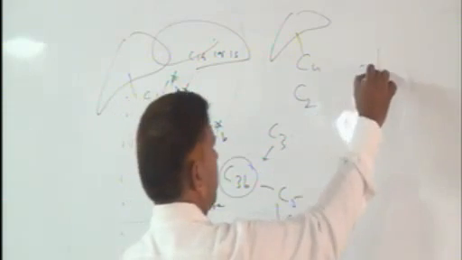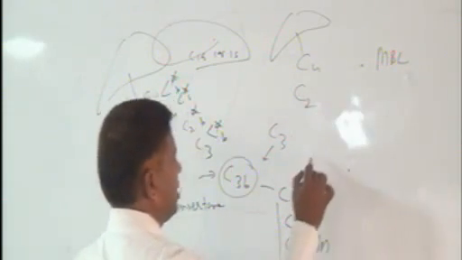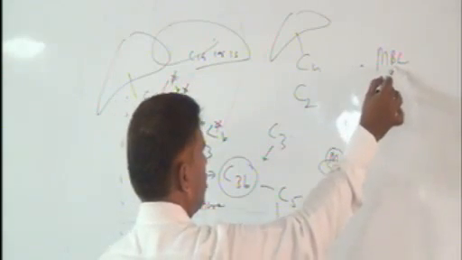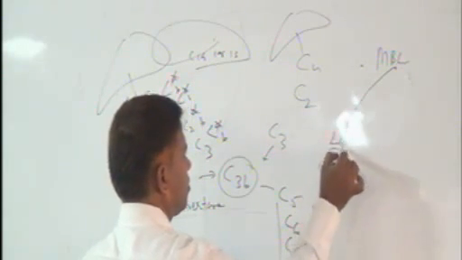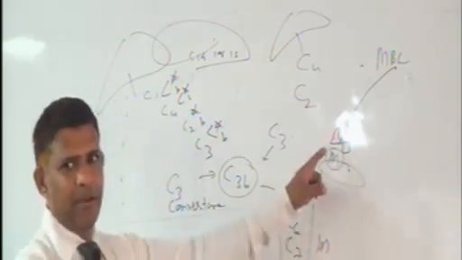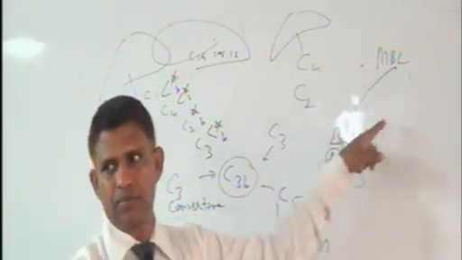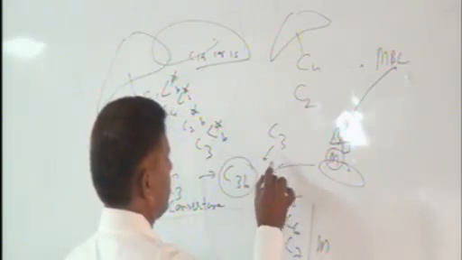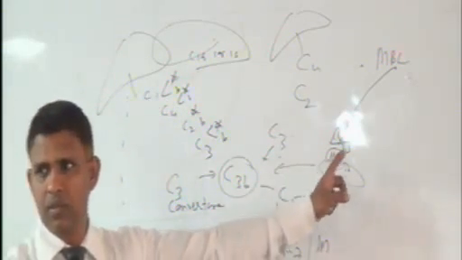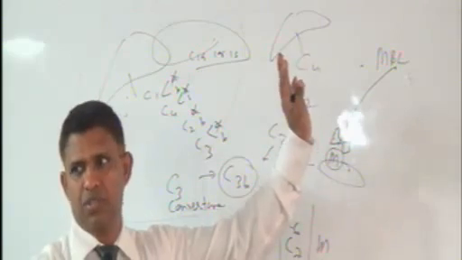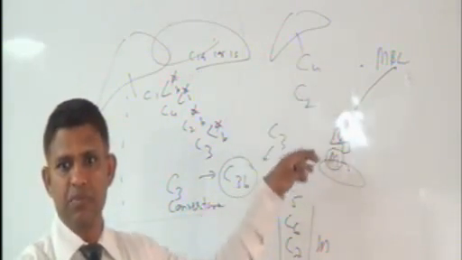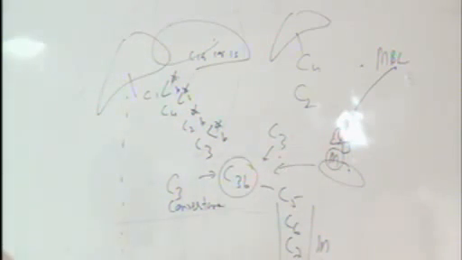Then the mannose binding lectin pathway: this is the bacteria, mannose sugar is present on it, and the lectin will bind to this. It starts directly with C3. So C1, C4, C2, everything is missing here, directly starting with C3b.